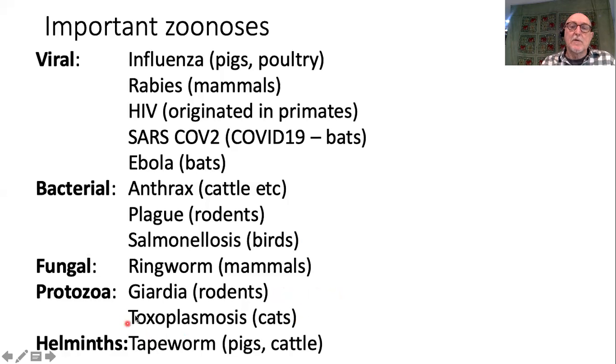But this one is an interesting one, toxoplasmosis. Toxoplasmosis is a protozoal disease in cats, especially. And it has very little effect on cats at all. But they shed it in their feces. And human beings can very definitely acquire toxoplasmosis. What is interesting about toxoplasmosis is it's believed that it can be a silent infection in the brain and can actually affect the functioning of the brain.